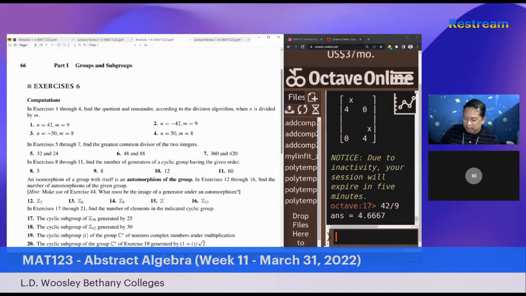All right. So correct. Okay, for number 3, you also solve for 3 and 4. Solve for the quotient and remainder based on that division algorithm.